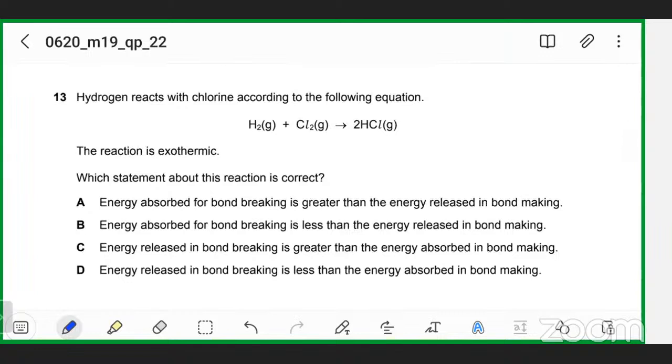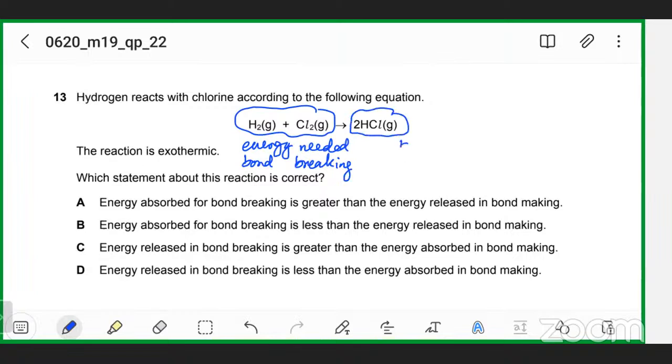Why is it exothermic? मतलब हर रिएक्शन में क्या होता है? Old bonds have to be broken, right, and energy is needed for that. And then you have bonds formed. B.